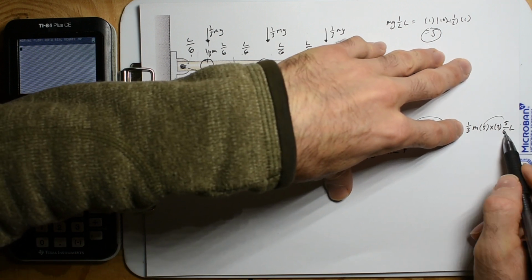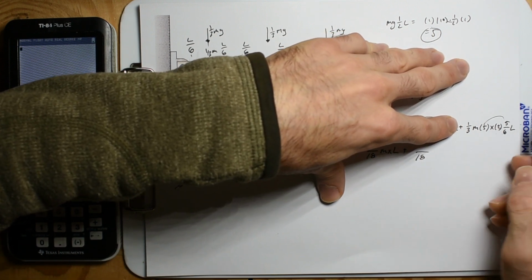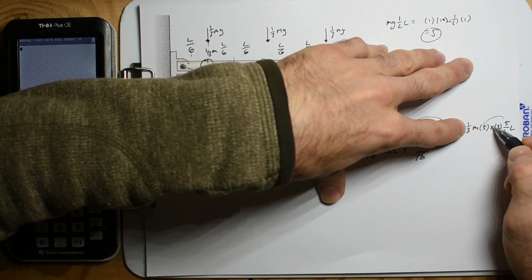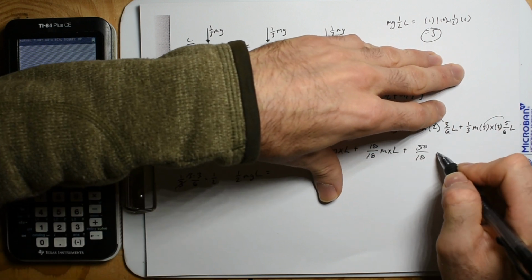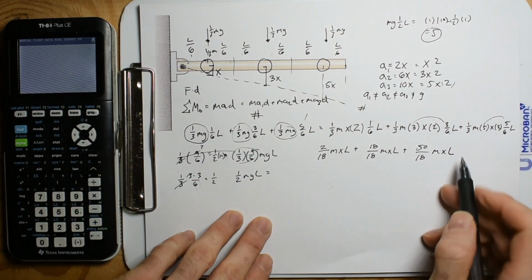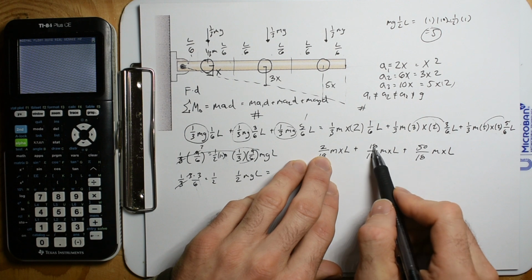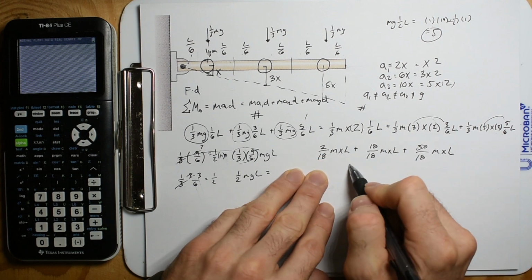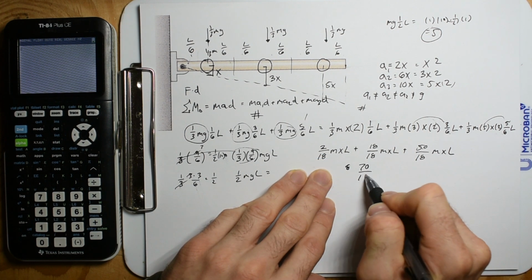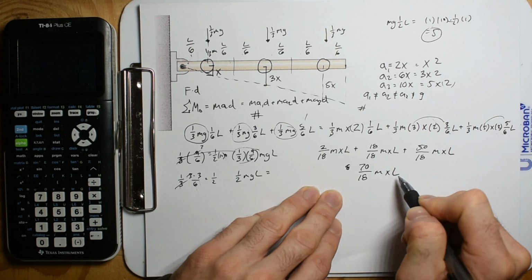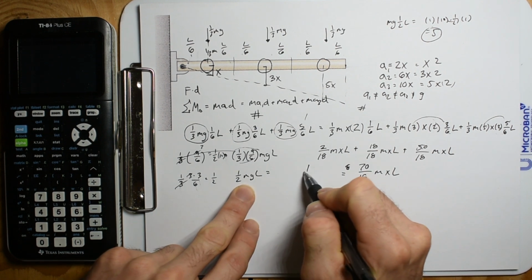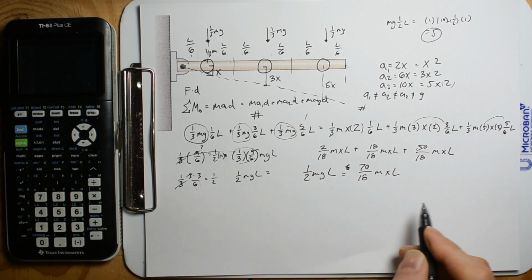This one, we're going to have 3 times 6 is 18 on the bottom, and we're going to have 25 times 2. That's going to be 50 mxl. So now we're going to have 20 plus 50. So we're going to have 70/18 mxl is equal to 1/2 mgl.